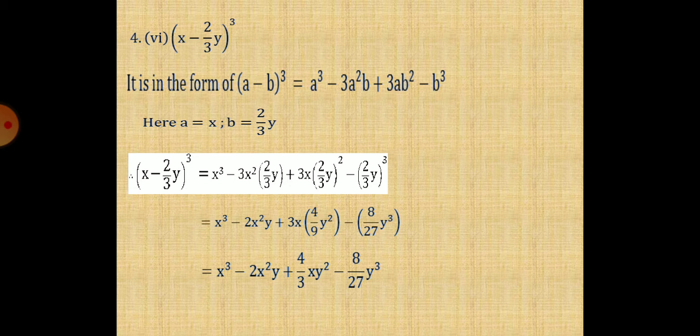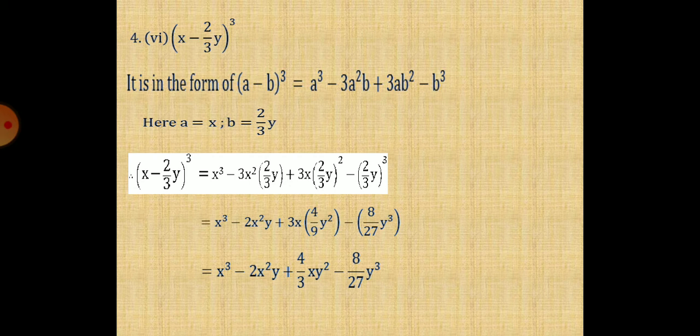(2 by 3y) cube means 2 by 3 also gets cubed and y also gets cubed. 2 by 3 cube is 8 by 27. Cube means, children, the same number is multiplied by itself 3 times. When 2 is multiplied 3 times, 2 2s are 4, 4 2s are 8. 3 cube means 3 is multiplied by itself 3 times: 3 into 3 is 9, 9 into 3 is 27, and y cube is y cube.